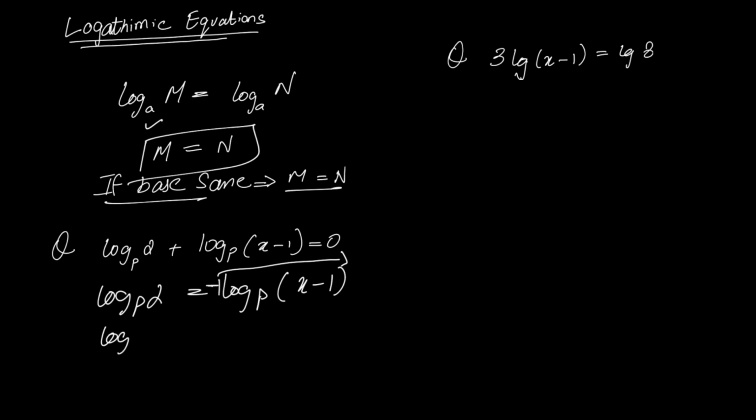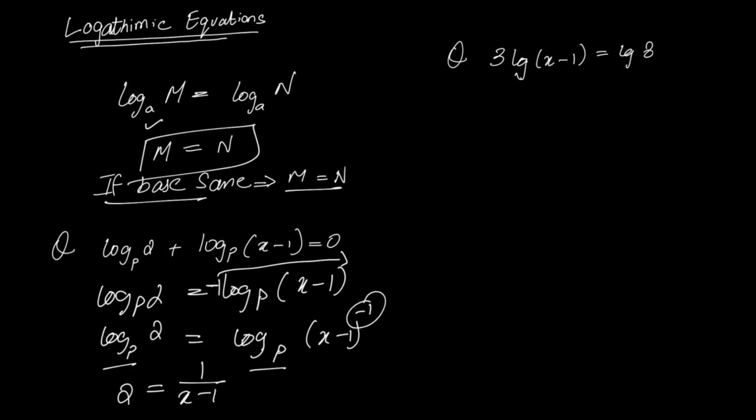So this will become log base p of 2 is equal to log base p of (x minus 1) to the power minus 1. Okay, now we can see that the bases are the same, so we can equate 2 is equal to 1 upon x minus 1, because it was inverse, so we have to reciprocate it. This will give us 2x minus 2 is equal to 1. So 2x is equal to 3 and x is equal to 3 upon 2.